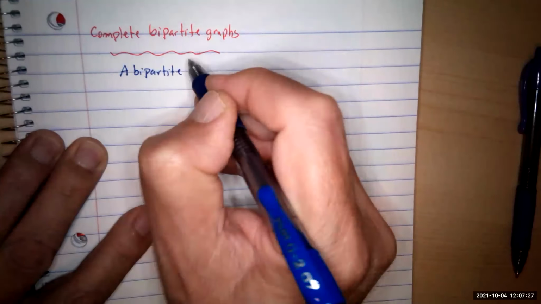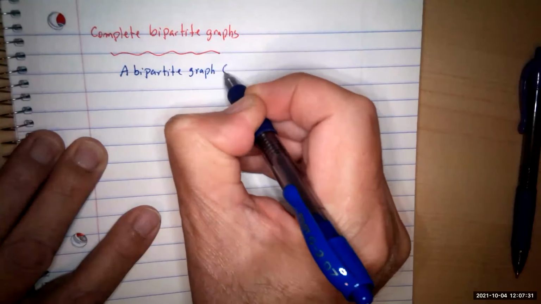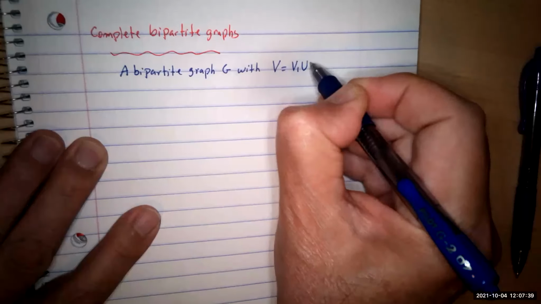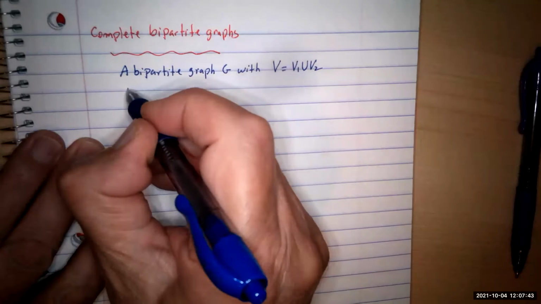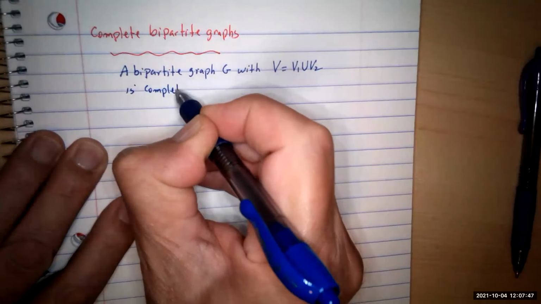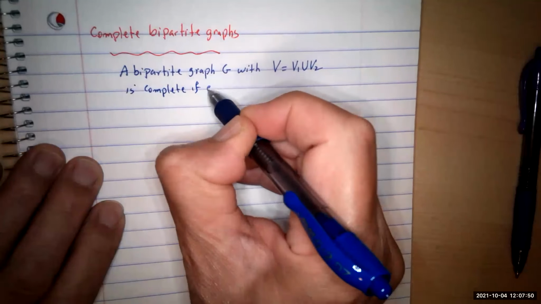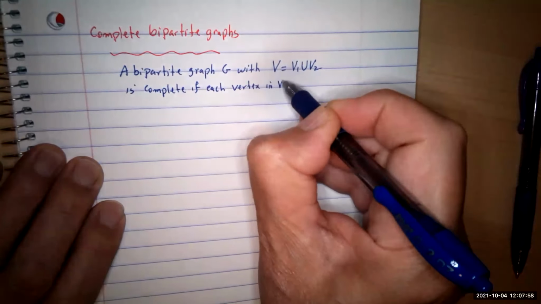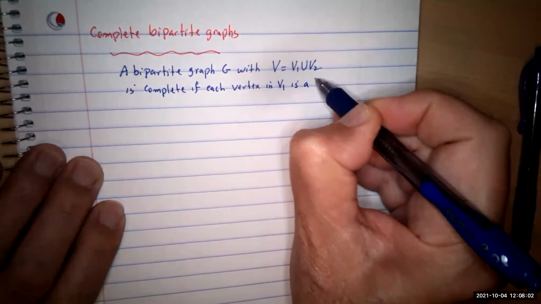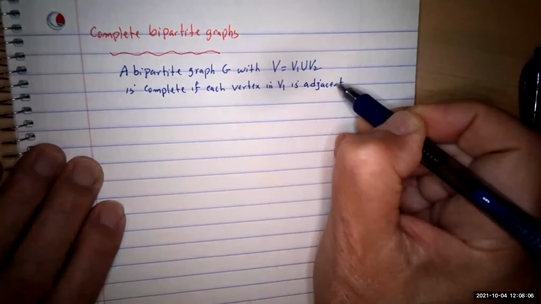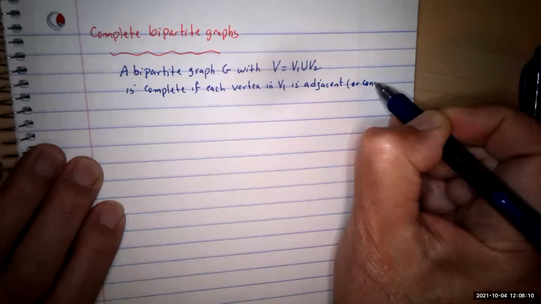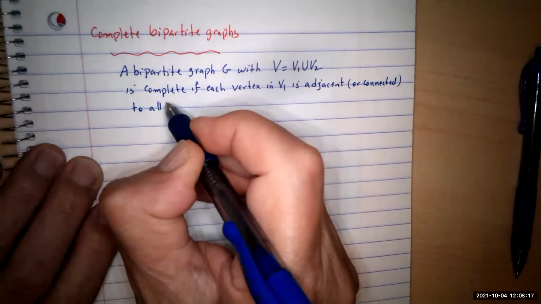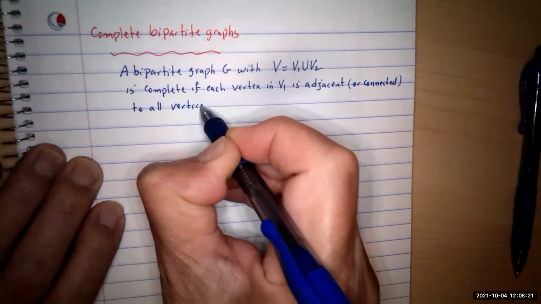A bipartite graph G with V equal to V1 union V2 is complete if each vertex, each red one in V1, is adjacent or connected to all vertices in V2.